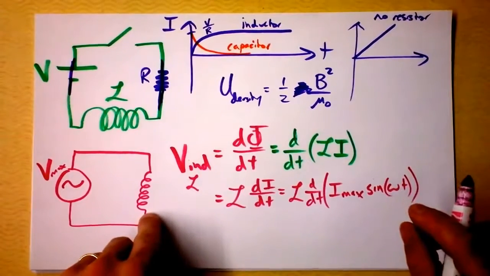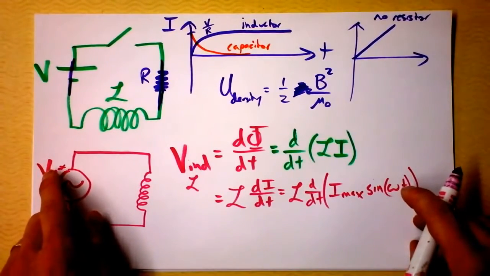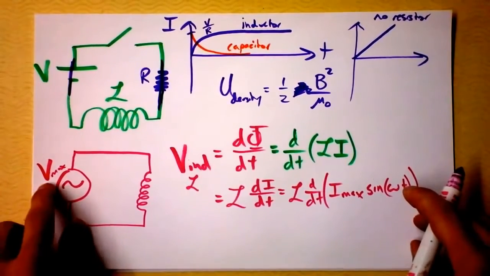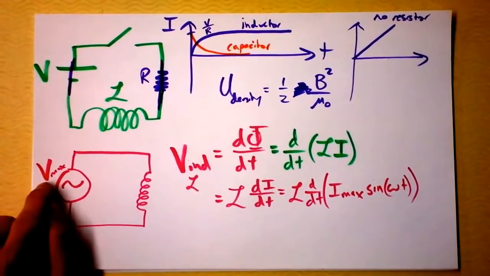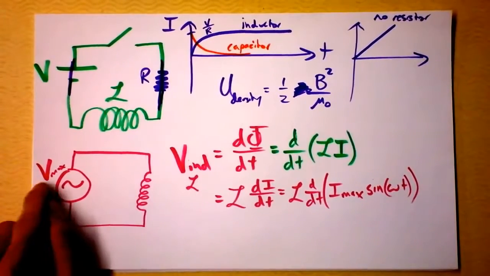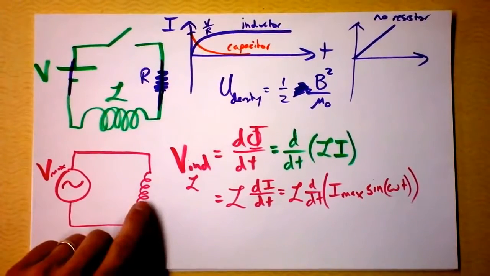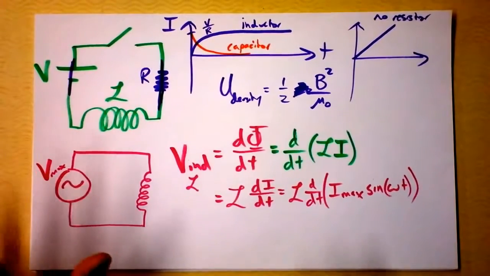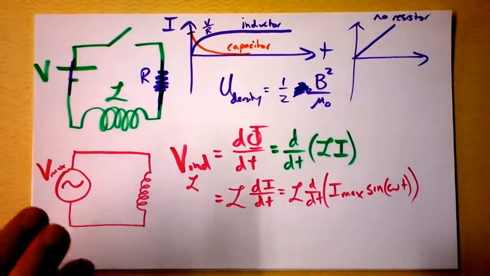This is no resistor, so we don't expect maximum current when there is maximum voltage and zero current when there's zero voltage. In fact, the current is going to be maximum when the voltage is zero, and the current's going to be zero when the voltage is maximum or minimum. That's what derivatives of sinusoidal graphs give you.